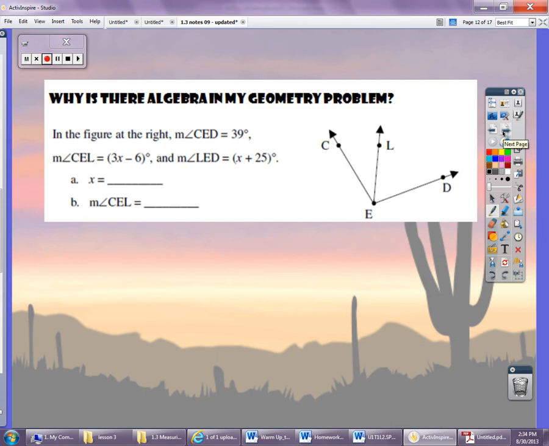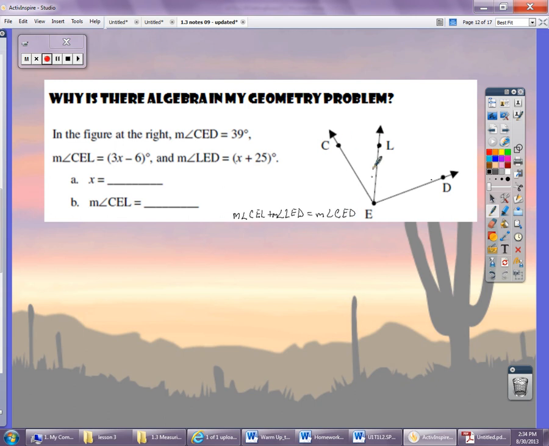Now, why is there algebra in my geometry? Well, if we look at this figure here, it says that the measure of CED is 39 degrees, the measure of CEL is 3x minus 6, and the measure of LED is x plus 25. Well, what we know about this is that the measure of angle CEL plus the measure of angle LED is going to equal the measure of angle CED.